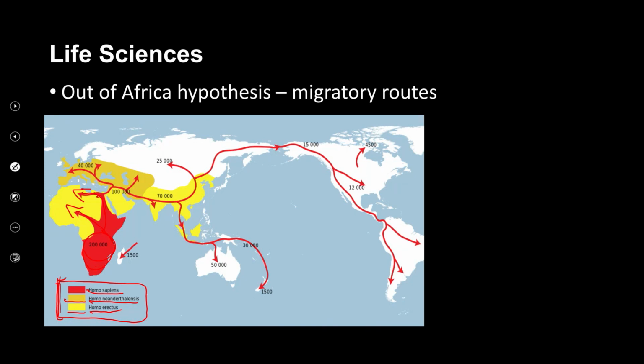All right, so we can see the red arrows. Once they'd gone into North Africa, they crossed over and then went into the Middle East, about 100,000 years ago, and then spread out into Europe, into the middle of the continent, and then down into India, and into Siberia, and then slowly made their way down to Australia, about 50,000 years ago, and to New Zealand 1,500 years ago, and then carried on through Asia and moved across to the Americas about 15,000 years ago, down to South America.